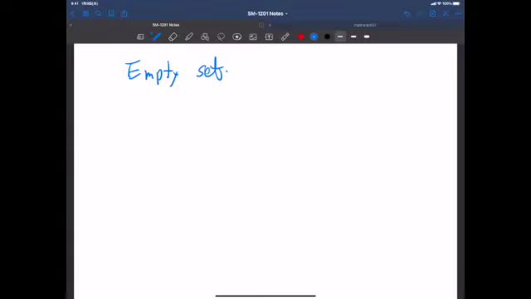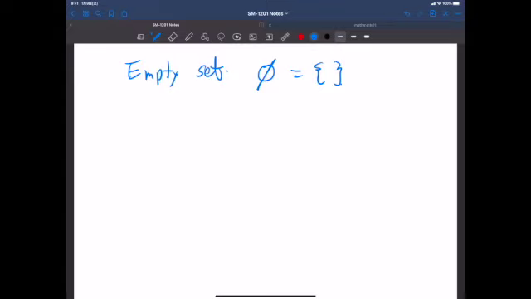We denote the empty set as this, a zero with a slash. Since it's nothing, the empty set is unique. If there are two empty sets, they must be equal, right?